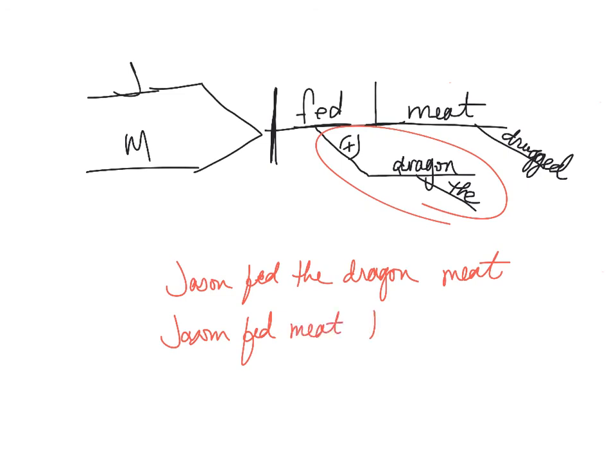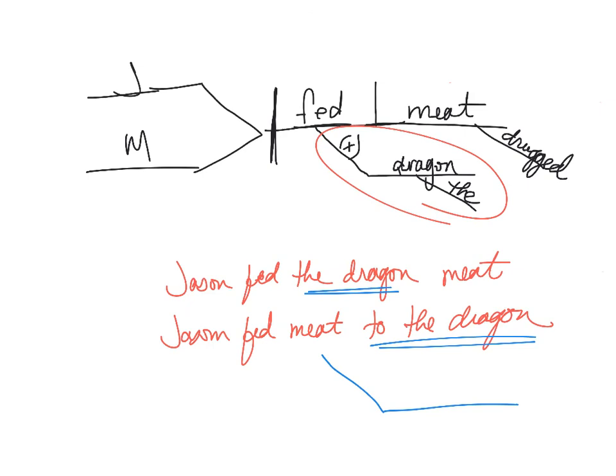Meat to the dragon. So those two are saying the exact same thing. So they both need to be put into an angle bracket under the verb. In this case, with the indirect object, you just end up with that unknown X.